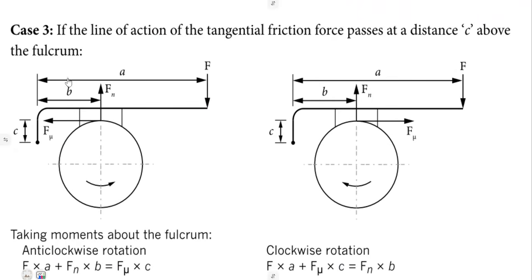You can also use this one, when the line of action of the tangential force passes at a distance c, which we said we're going to call the thickness here. So you can also use this one, guys, just like before. This will be your S, this is your L, like that. So I want you to use that, formulate your formulas.